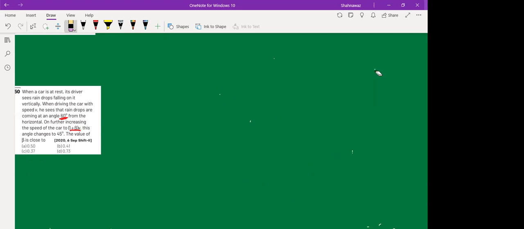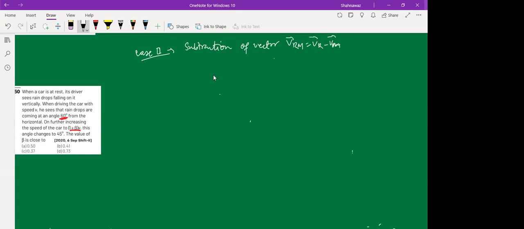So let me repeat this question. This is case 2. Case 2 means we have to get the subtraction of vectors. So VRM should be VR minus VM.